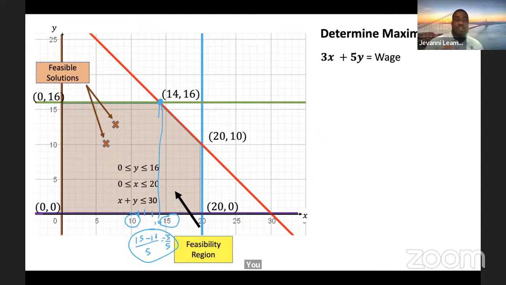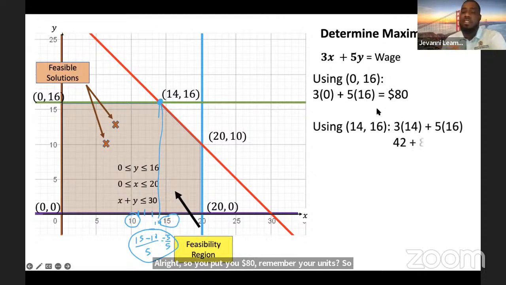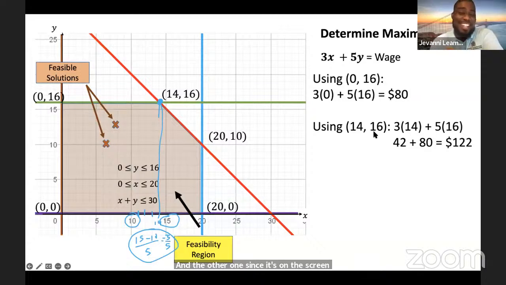So when x is 0, y is 16, what do you get? I got $80. All right. So you put your $80, remember your units. So when you substitute that in, you got $80. And the other one, since it's on the screen, 14 on the x, 16 on the y, we would have got 122, right?